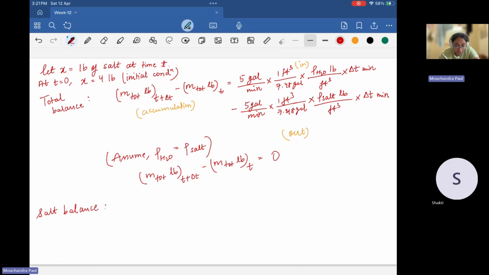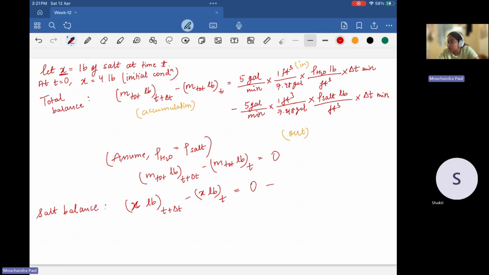So we considered X to be a variable that represents the mass of salt at time t. Let's write the accumulation term as X, the mass of salt at time t plus delta t, minus X, the mass of salt at time t. No salt is going in, so the in term will be 0.